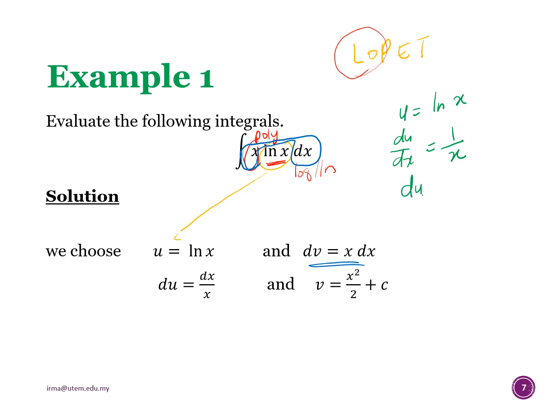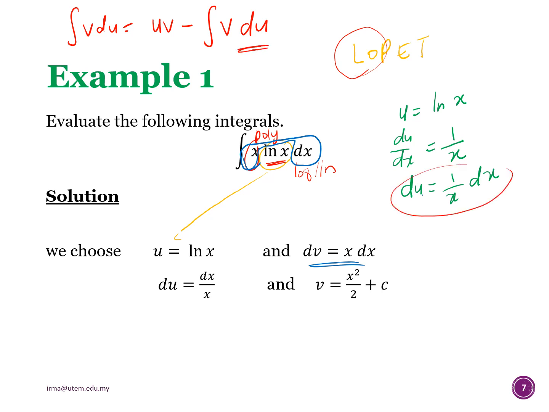We need to find du, so you rearrange, and this becomes 1 over x dx. Why do we want to find du? Because we have the formula: the integral of u dv is equal to uv minus the integral of v du. That's why you need to find du here.